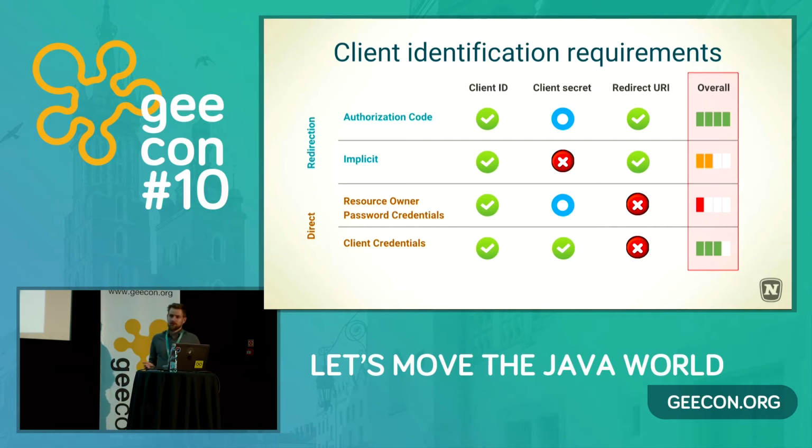Obviously, in implicit flow, we don't have a client secret, so we also don't have a refresh token. And in resource owner password credentials and authorization code, we've got, well, optionally a client secret. It should be there. For resource owner password credentials, sometimes it doesn't make much sense either. If we've got a native app, what's the point of client ID and client secret in it?